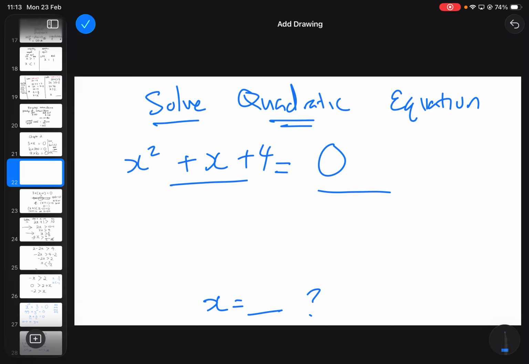So quadratic means in your equation, you have this x squared term, you will have an x term, you have a number term.